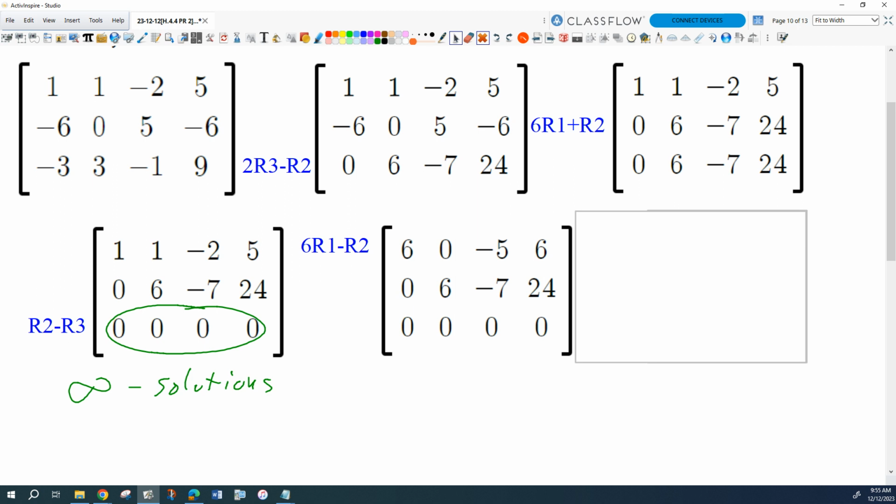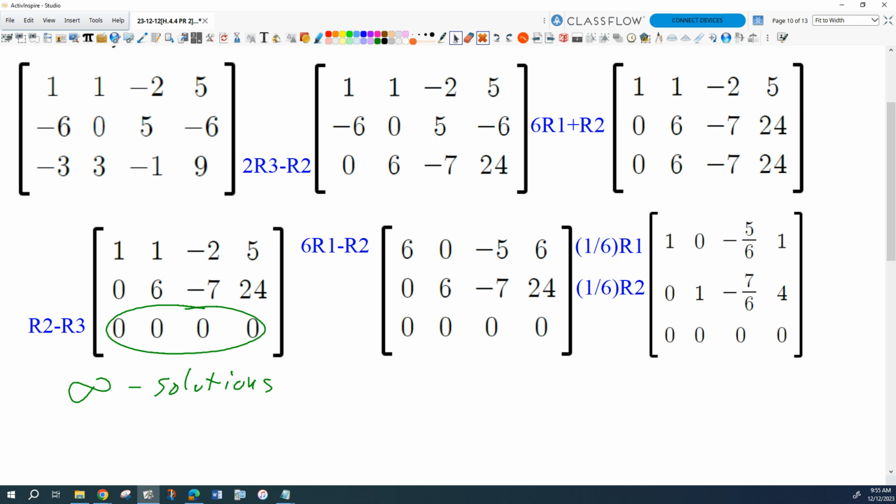So I get that. And now the last step would be I could just multiply each of these rows by 1/6. And look what we get. This is kind of a high level thing in a way, but this gives us our constraints. The bottom row tells us we have infinite solutions. Can you guys interpret this row for me?